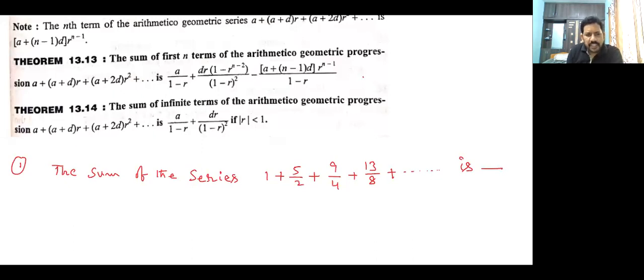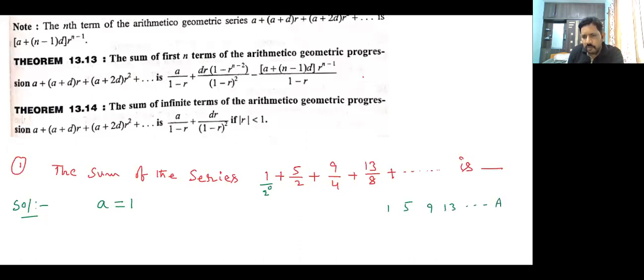First identify what is the first term. First term should be 1, a value 1. And here observe that 1 we can write 1 by 2 power 0. 2 power 0 means that is 1. 1, 5, 9, 13 and so on.